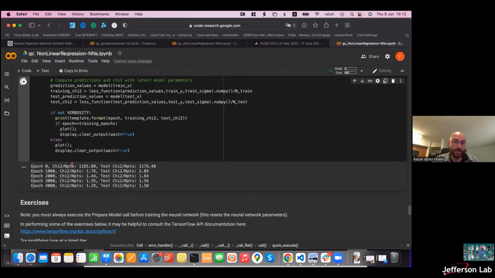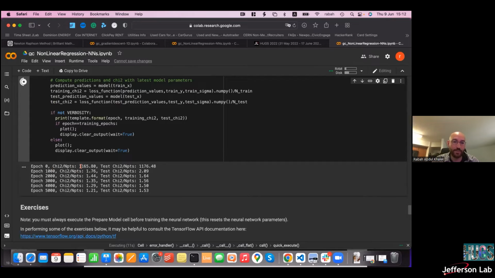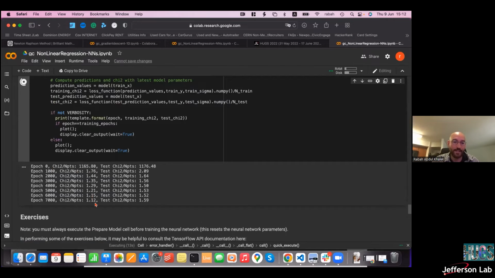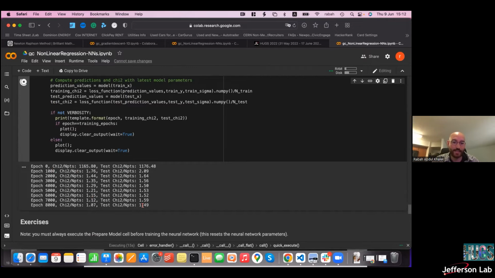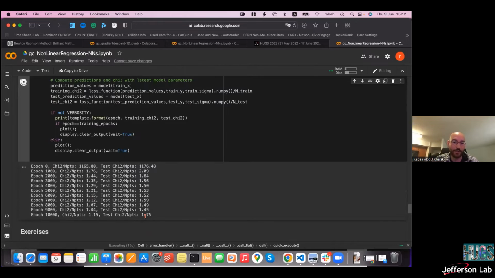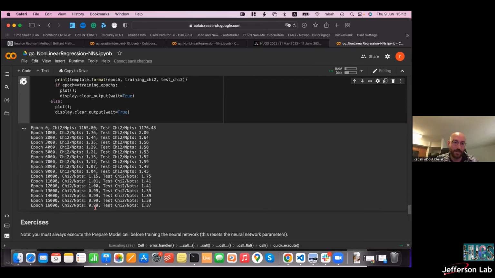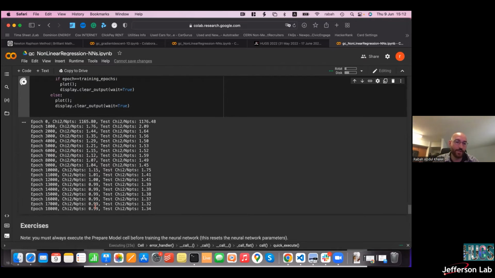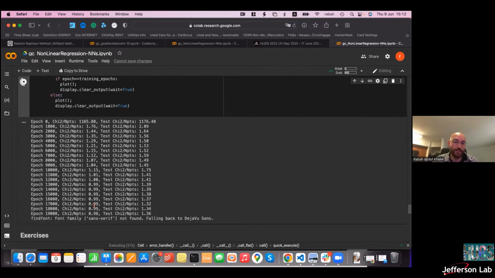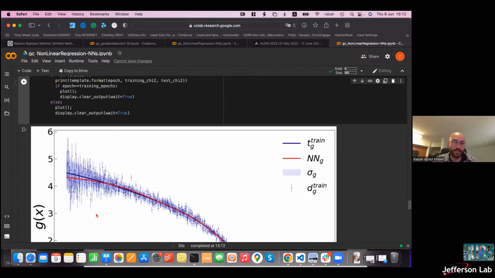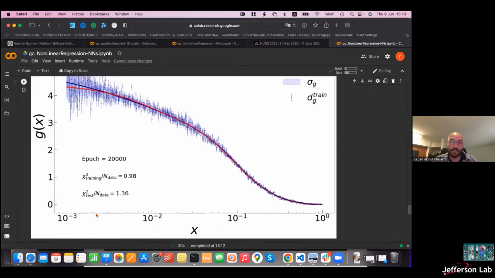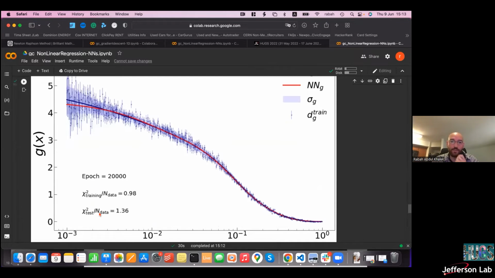You can see that the chi-squared of the training goes down, as well as the test chi-squared. You're not training against this, you're only training against this, and you can see it's quite fast. The ideal chi-squared is when you reach chi-squared over n of 1, which is clearly the case here. And this would give you the following plot.